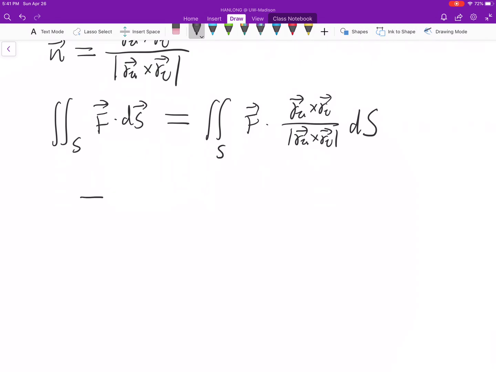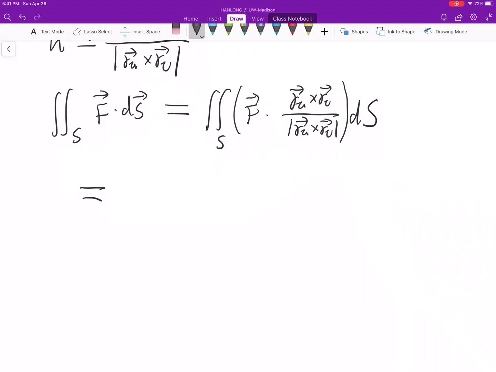Okay, and now let's recall the fact we learned before. For the surface integral of a function, we pull back to the parameterized domain R. No matter what it is, inside is a scalar function.